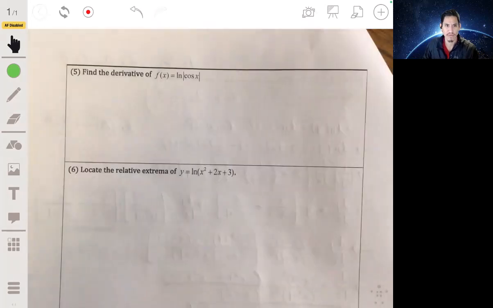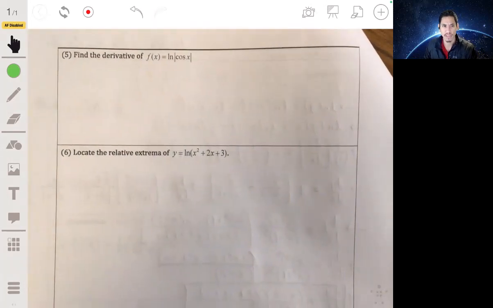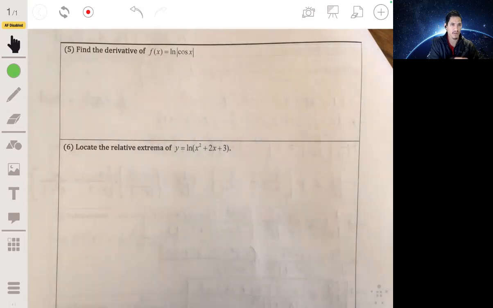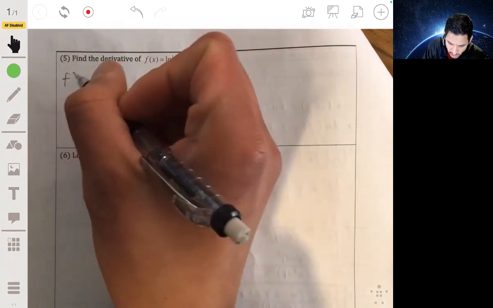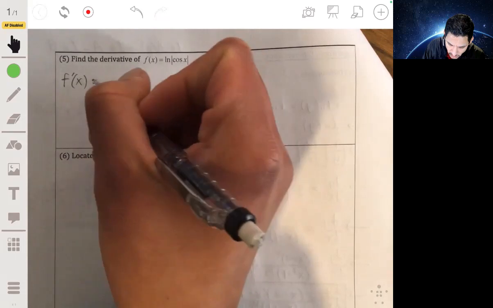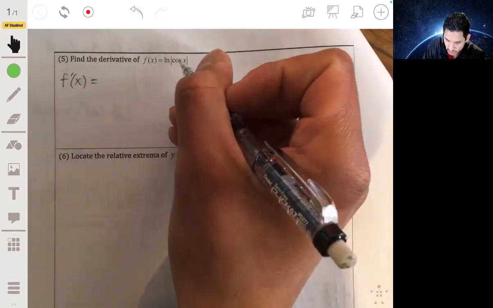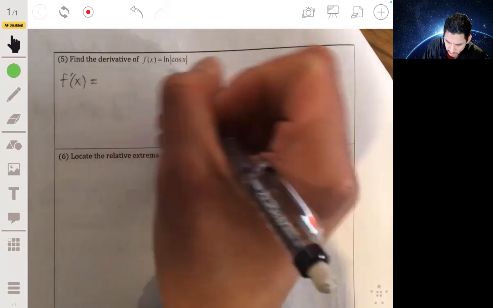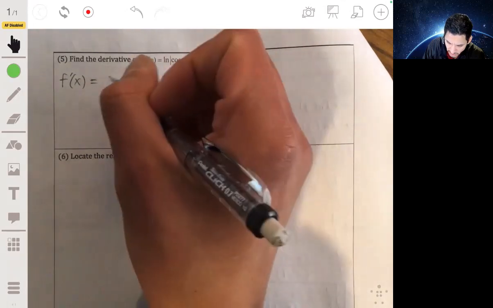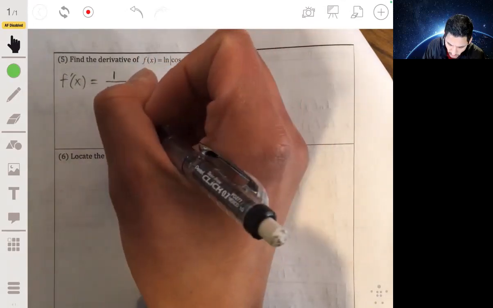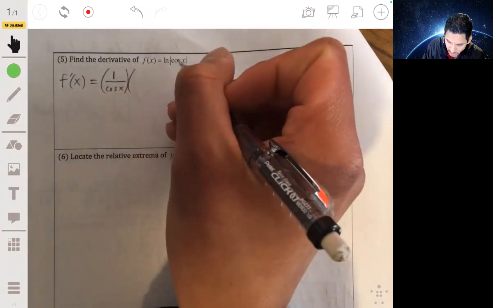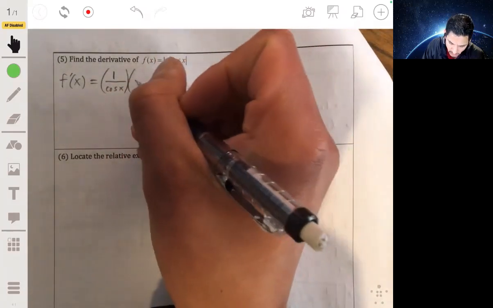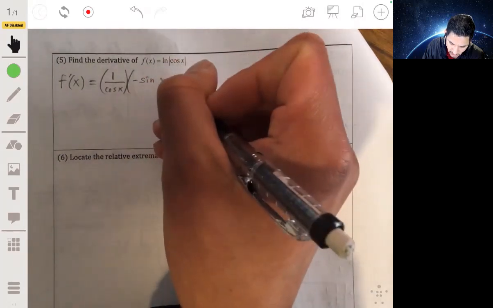So here we're going to find the derivative of f of x that's equal to the natural log of the absolute value of the cosine of x. So all we simply have to do is use the chain rule. So let's first use the logarithmic property. The inside function is the cosine of x. So we're going to have 1 over the cosine of x multiplied by the derivative of the cosine of x, which will be the negative sine of x.